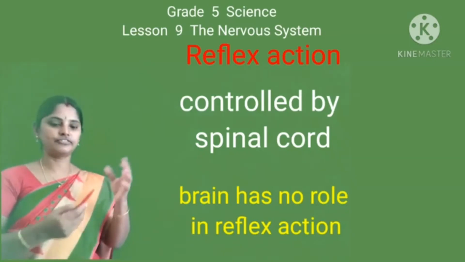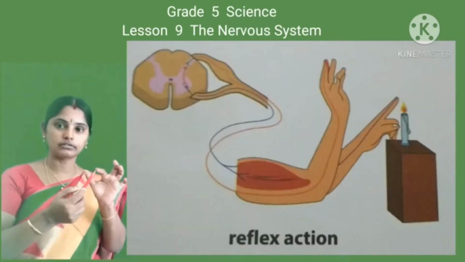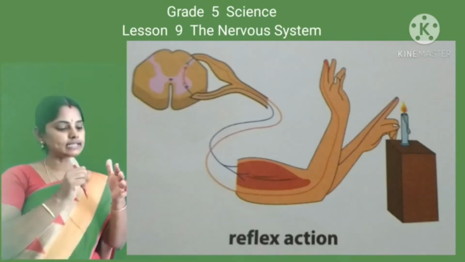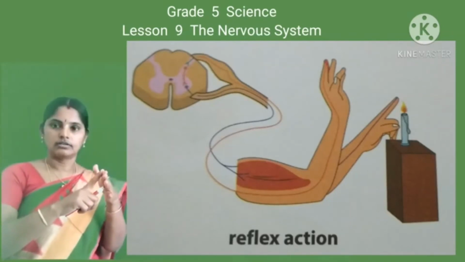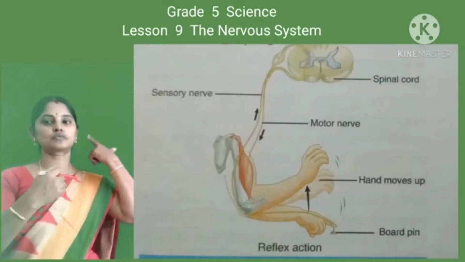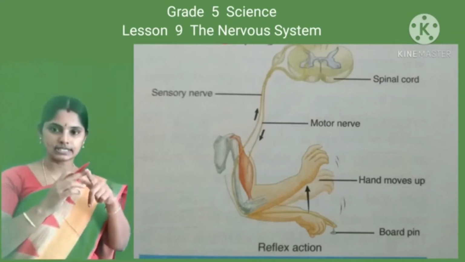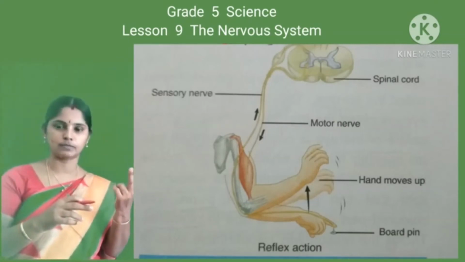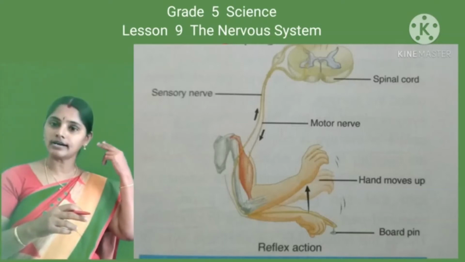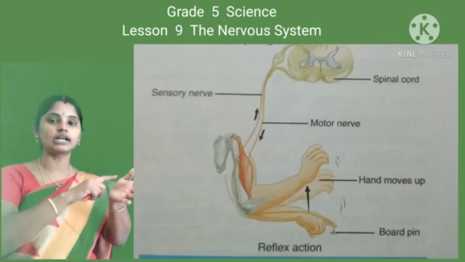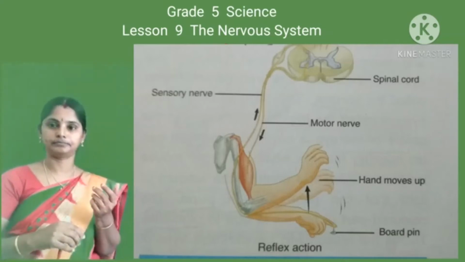For example, if we touch any sharp object, immediately the sensory nerve in the skin sends the message to the spinal cord. First, the sensory nerve sends the message to the spinal cord. Second, the nerve cells in the spinal cord send the message to the motor nerve cell in our hand.